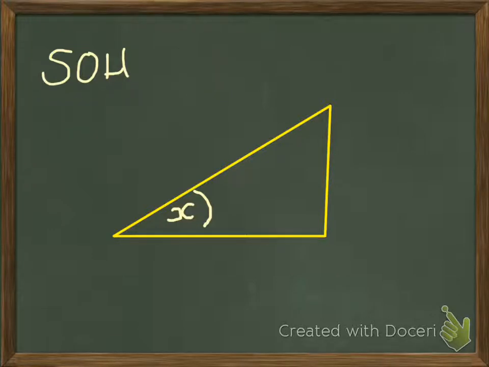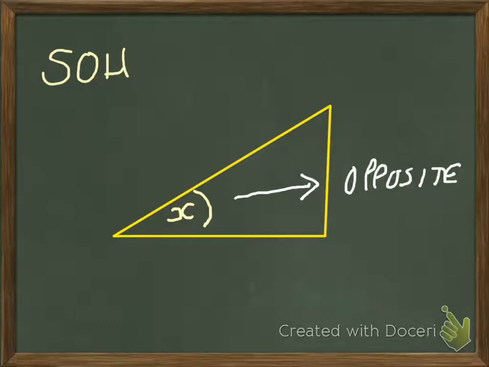Firstly, the thing you need to know is that with a triangle there is a way of labelling the sides and giving them a name, and it always follows this convention. Wherever your angle is, so our angle here, and we're just calling it x because we don't be bothered with any numbers, then the opposite side to that angle is called the opposite.